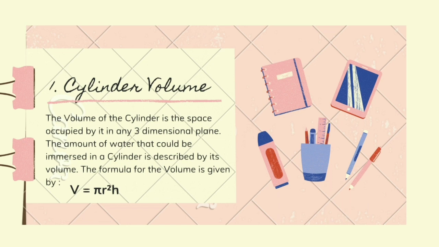The amount of water that could be immersed in a cylinder is described by its volume. The formula for the volume is given by pi times radius squared times height.